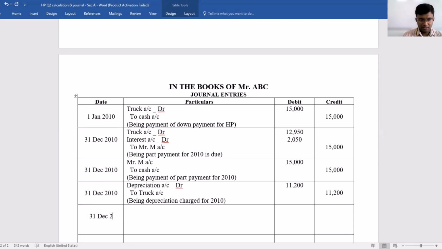Then on 31st December 2010, another thing that is going to happen is you will be transferring all your expenses to profit and loss account while you go about with the preparation of your final accounts. So what are the expenses you have to transfer? Your interest, which is 2,050, and depreciation, 11,200.